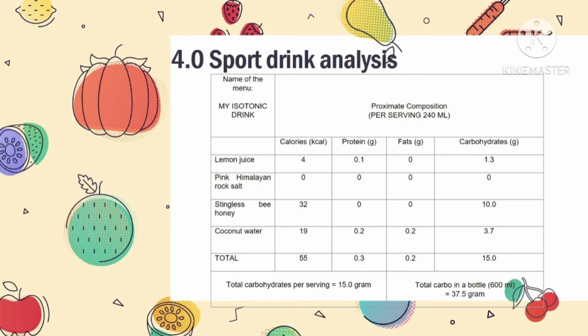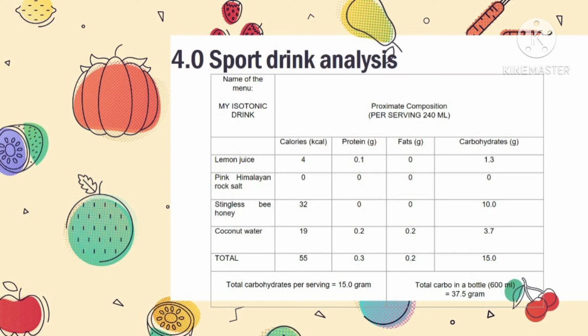The total carbohydrate concentration can be calculated using a simple formula: the amount of carbohydrates in grams, divided by the volume in one serving, multiplied by 100 gives the percentage. So we get 6.25% carbohydrate concentration.